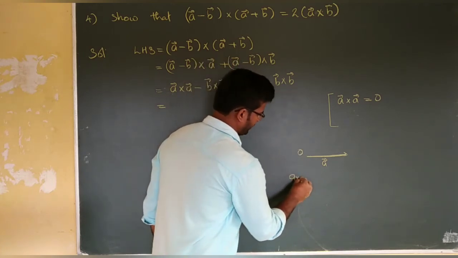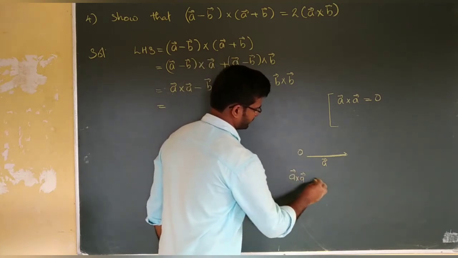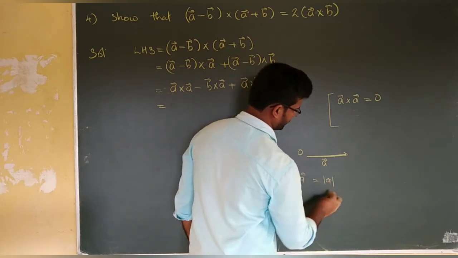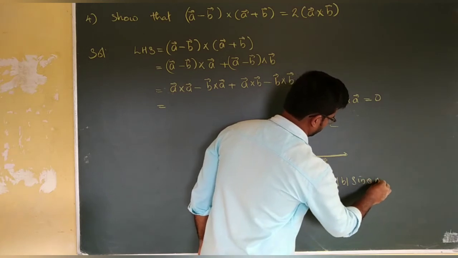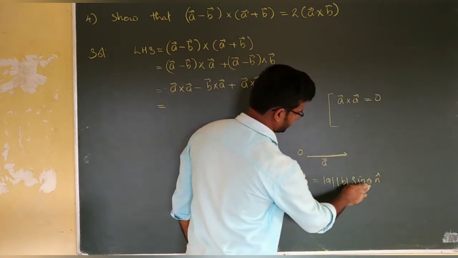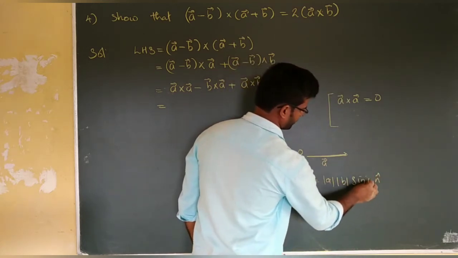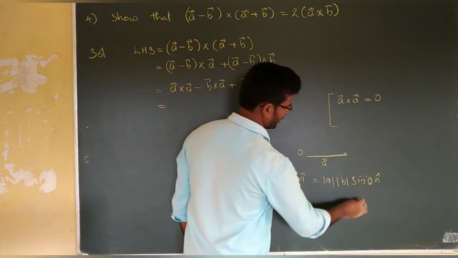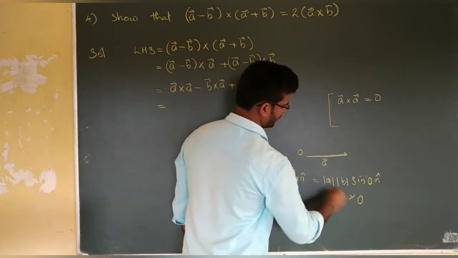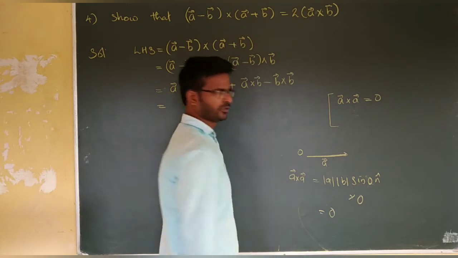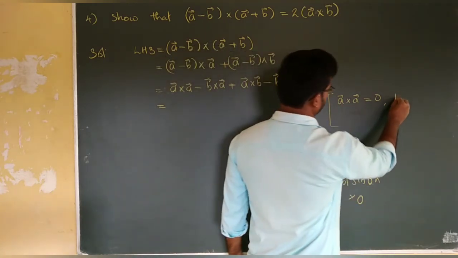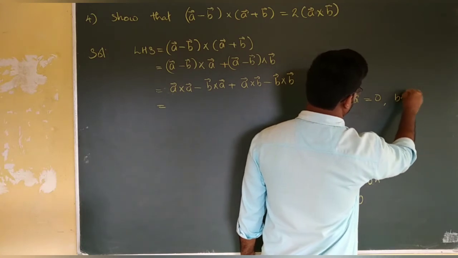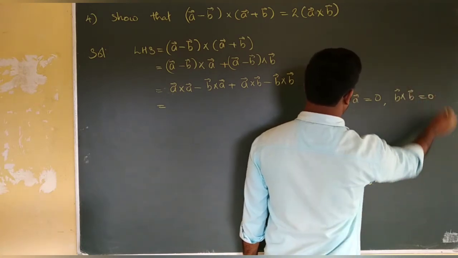Then A cross A, formula is magnitude of A vector, magnitude of B vector, sine theta n cap. Then in here theta is 0, sine 0 is 0. Then 0 into anything, you will get answer 0 only, isn't it? Then A cross A equal to 0. Then B cross B, that also same, equal to 0.